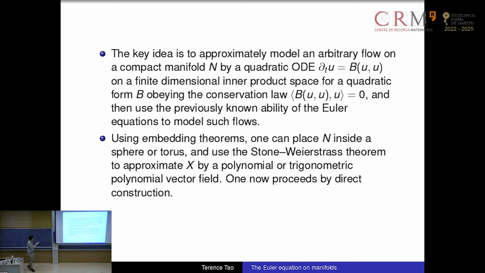He first shows that any dynamics can be approximately modeled by quadratic dynamics, and then I have this previous theorem that quadratic dynamics can be embedded in Euler. So it's sort of an addition of these results.